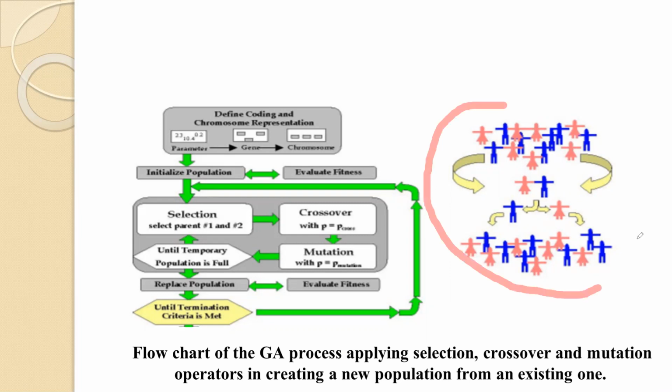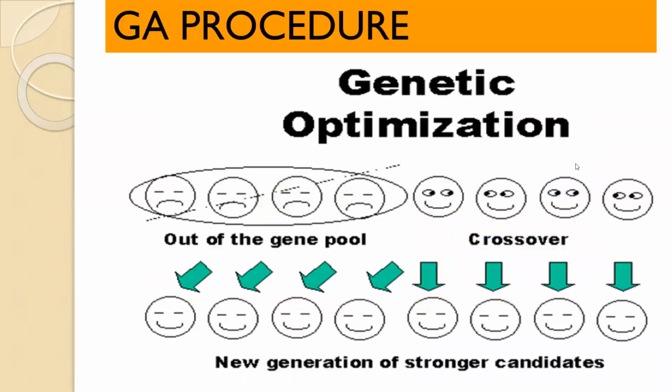This type of fitness involvement is required for creating your flowchart of this type of explanation. So this is the genetic optimization, where out of these genetic pools, the optimal analysis is carried out. You can perform crossover, you can perform mating by doing this type of genetic algorithm.